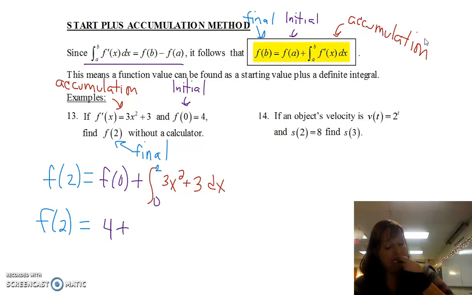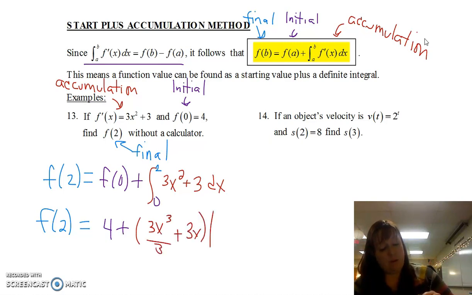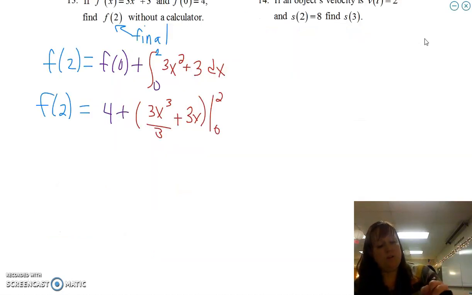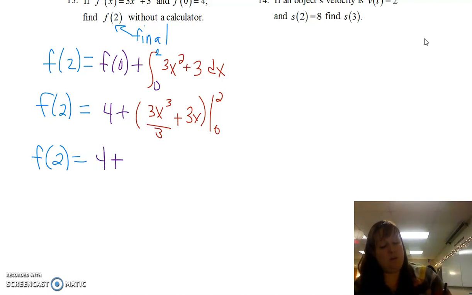And then the definite integral from 0 to 2 of 3x squared plus 3 is 3x cubed over 3 plus 3x, evaluated from 0 to 2, which is, let's see, f of 2 equals 4 plus x cubed plus 3x, evaluated from 0 to 2.